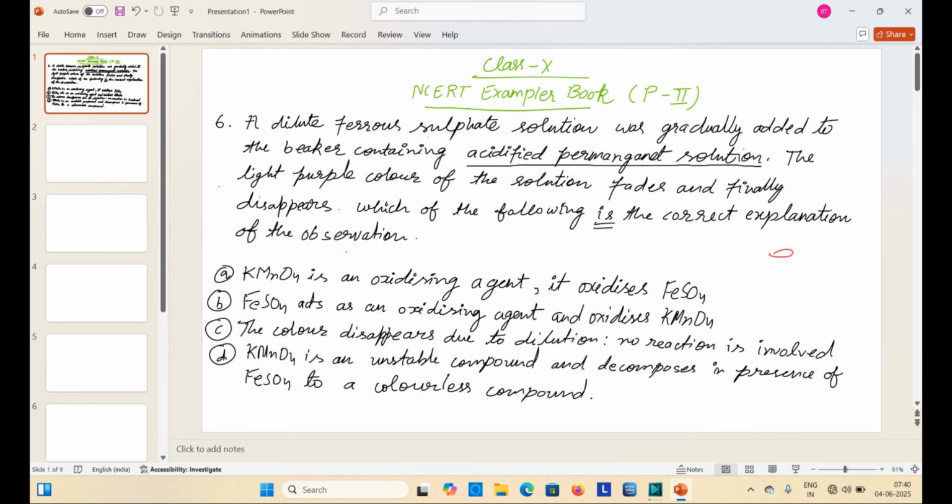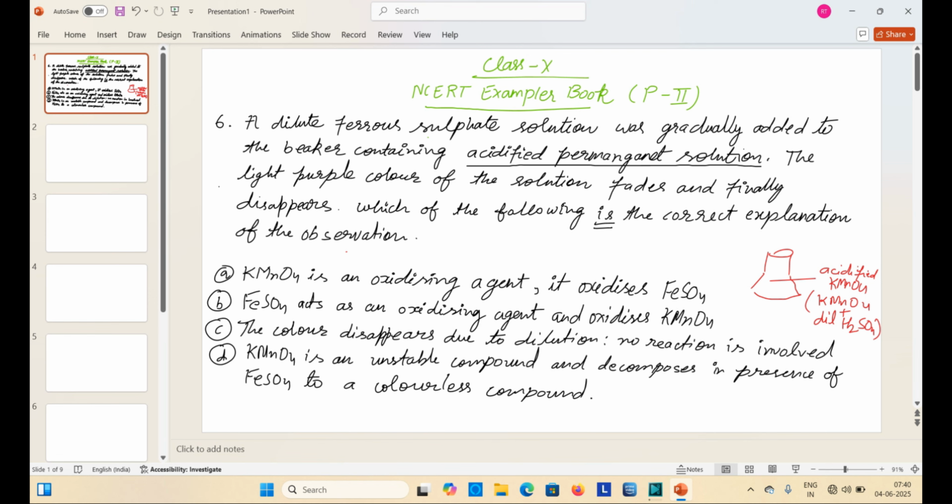So in a beaker there is acidified KMnO4, meaning KMnO4 plus dilute H2SO4 solution is present in the beaker.